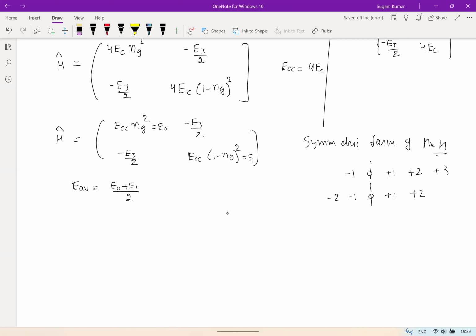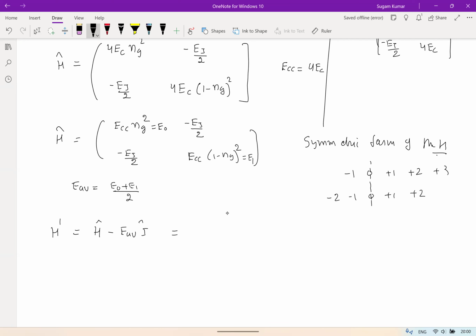I can simply find the symmetric Hamiltonian, and I can say H minus E average into I. You can do all these parts yourself.